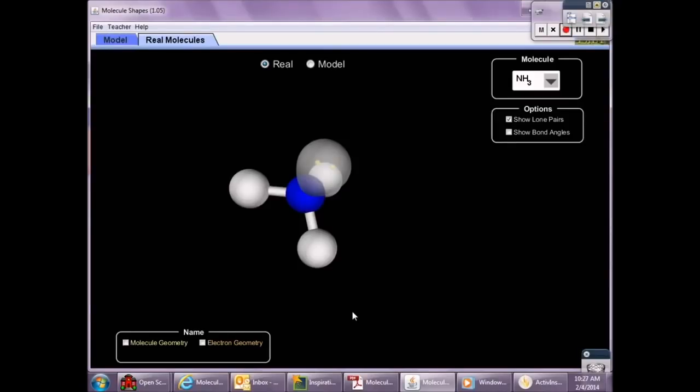I heard the right answer. It is tetrahedral because you have four things around the central atom. It doesn't matter if it's bonded or non-bonded, you still have four. But you don't have four bonded. There is a pair of unshared.